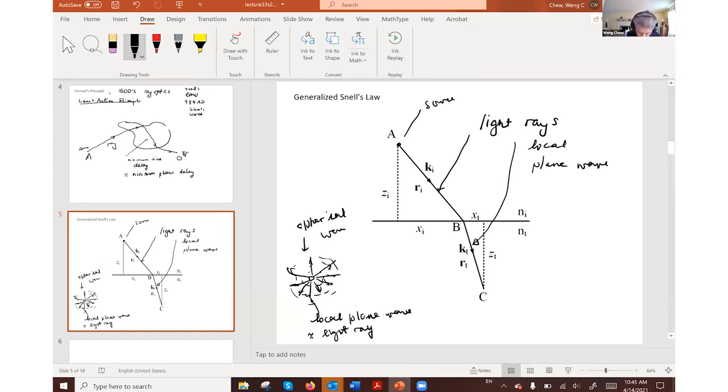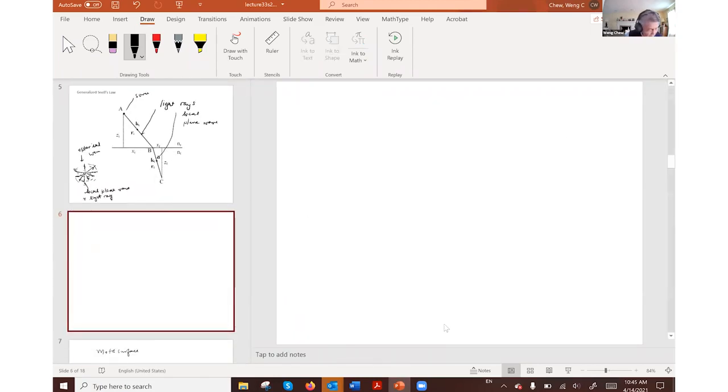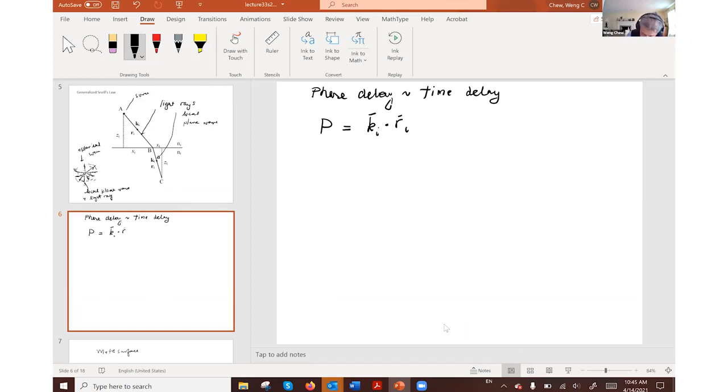Okay. So based on this picture, the time delay or the phase delay, which is also the same as time delay, would be P, let me call that P. The P will be the phase delay, which is the product between the k vector in the incident ray times this vector r_i.